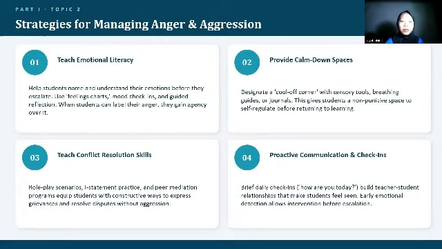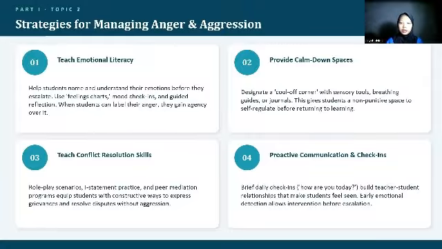Strategies for managing anger and aggression. 1. Teach emotional literacy. Help students name and understand their emotions before they escalate. Use feelings charts, mood check-ins, and guided reflection. When students can label their anger, they gain agency over it. 2.